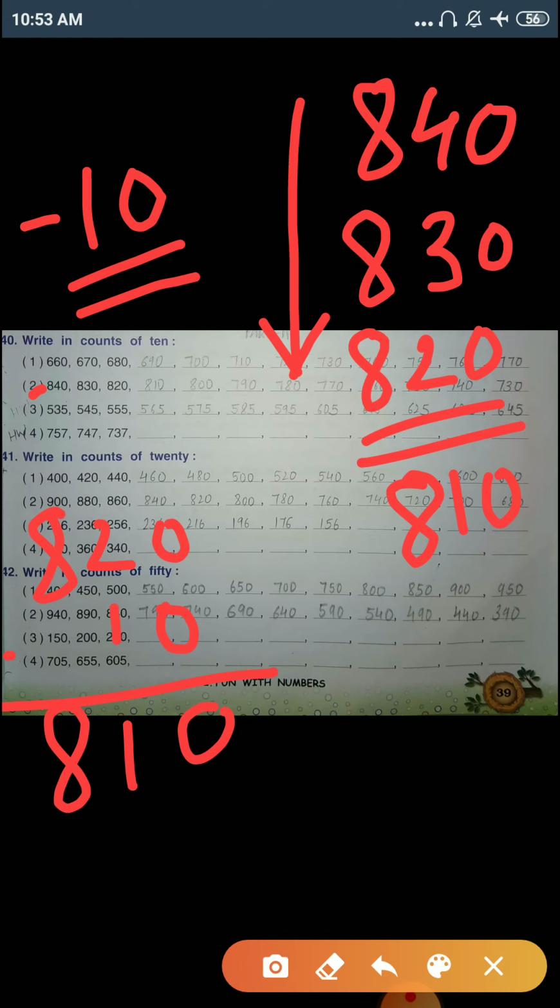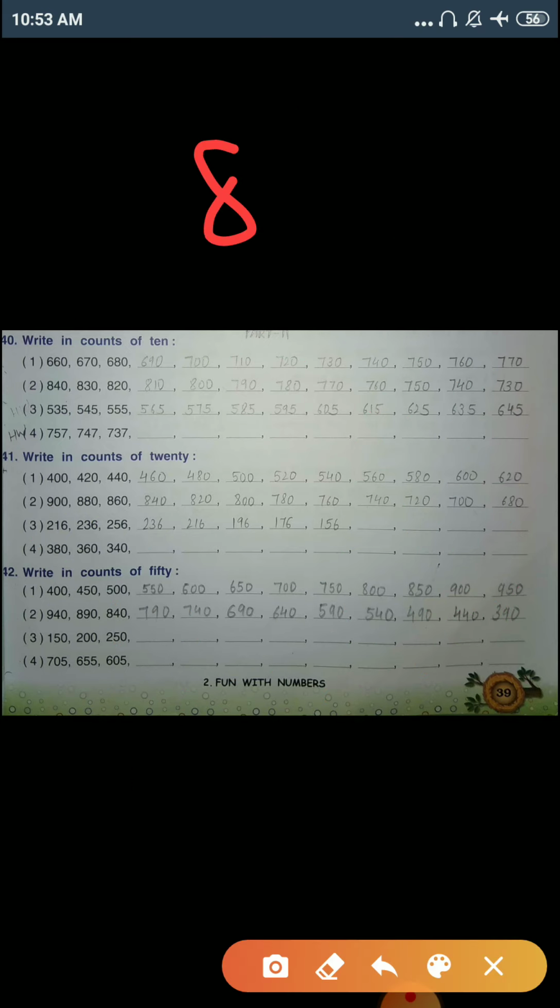Again for finding out the next number, we need to subtract 10. That means 810 minus 10 will give you 800. Now after 800 which number comes? For that we need to do 800 minus 10.